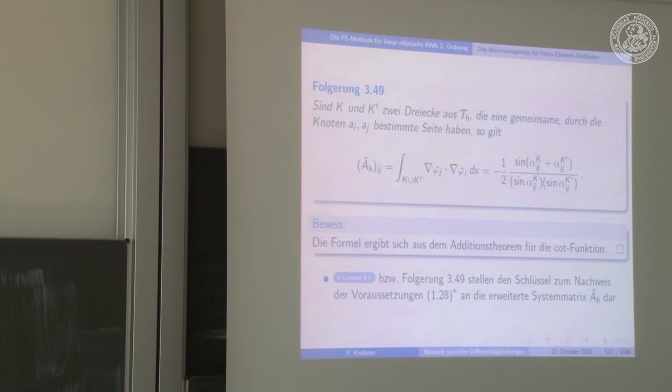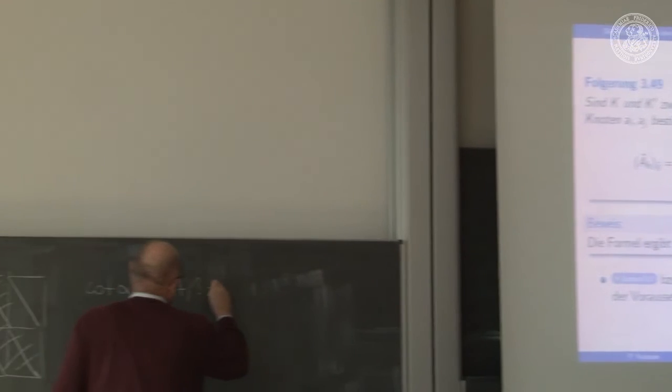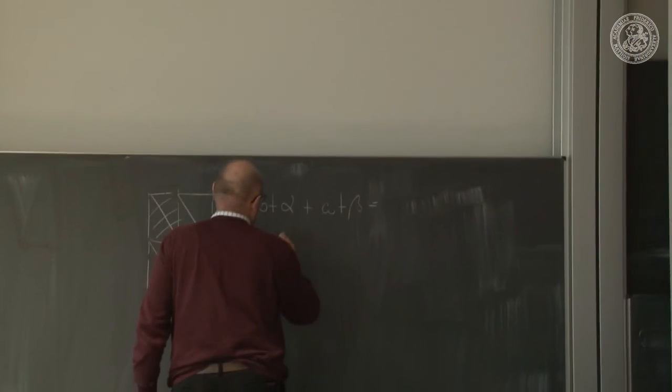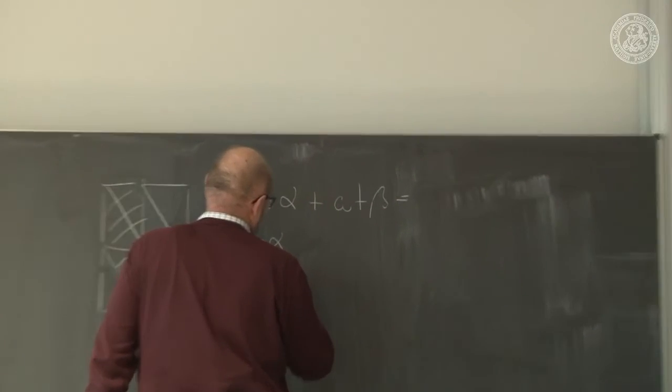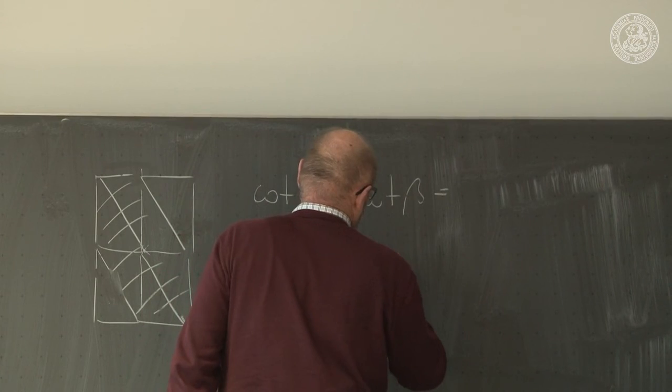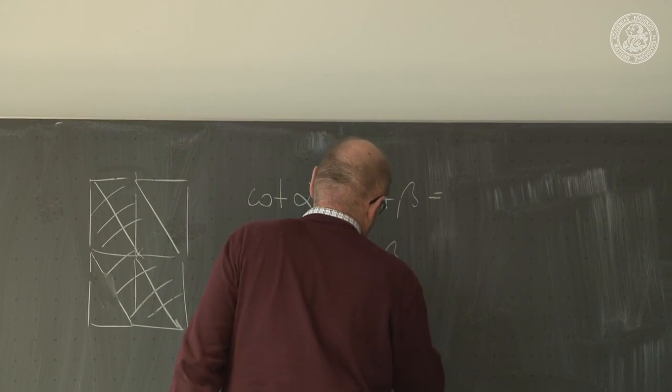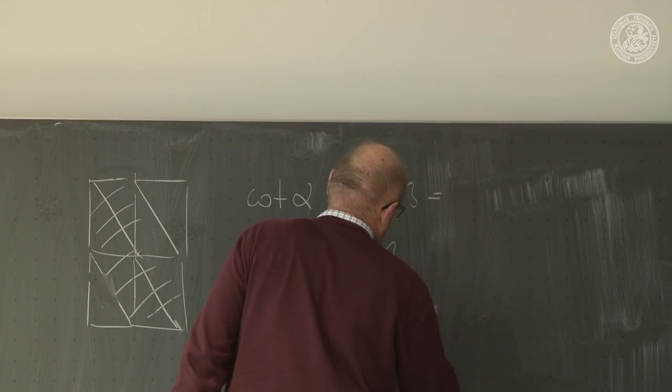Let's earn 1 million: cotangent of alpha plus cotangent of beta is cosine of alpha over sine of alpha plus cosine of beta over sine of beta.